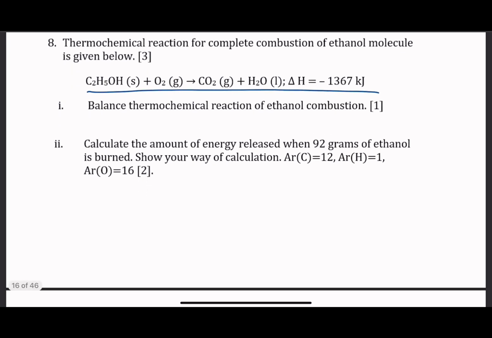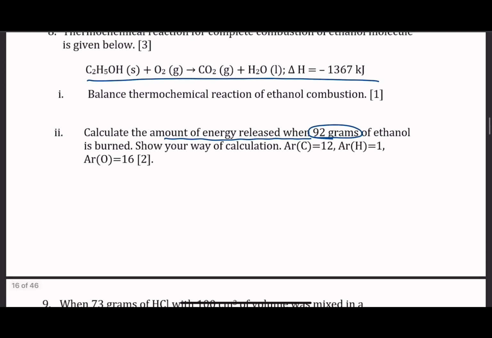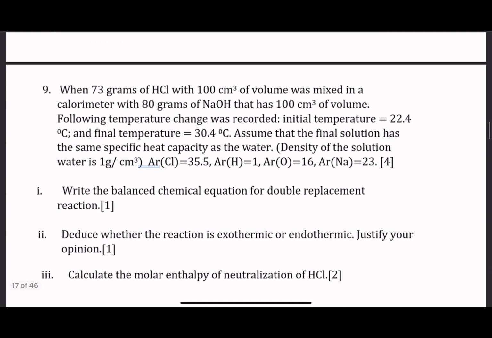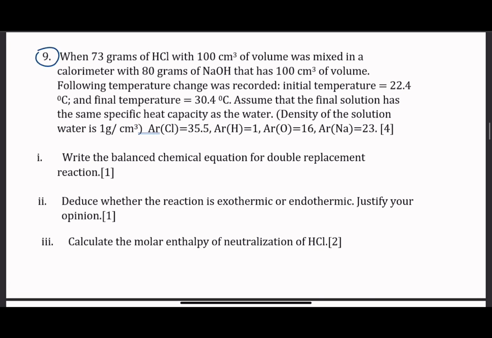Calculate the amount of energy released when 92 grams of ethanol is used. Figure this out and write it. Specifically this question, please go through here. It says calculate the molar enthalpy of neutralization of hydrochloric acid, meaning for 1 mole of hydrochloric acid, what was the delta H?